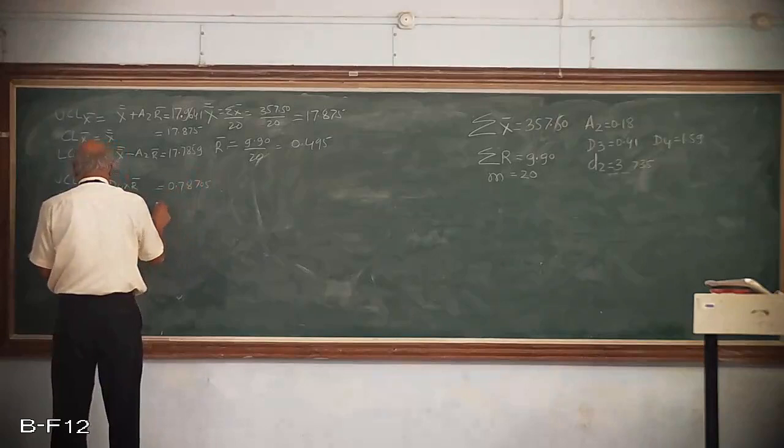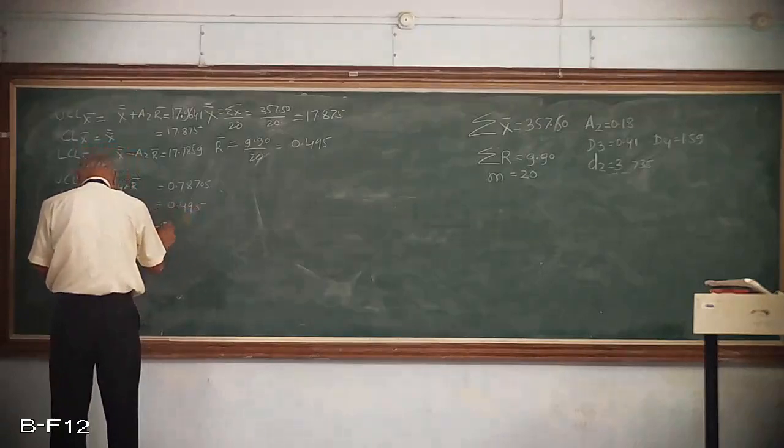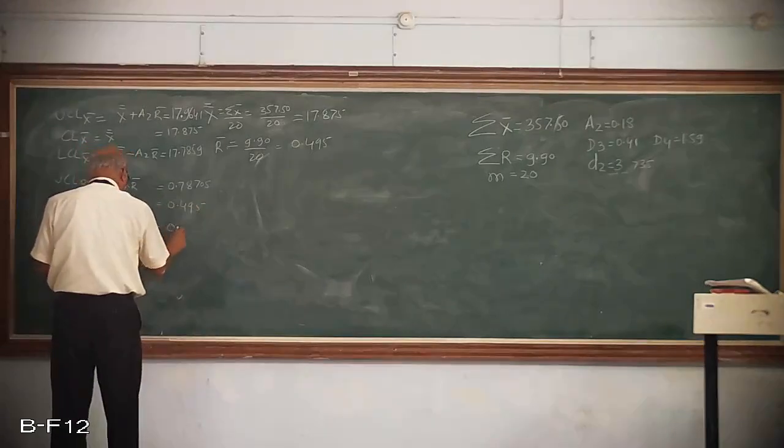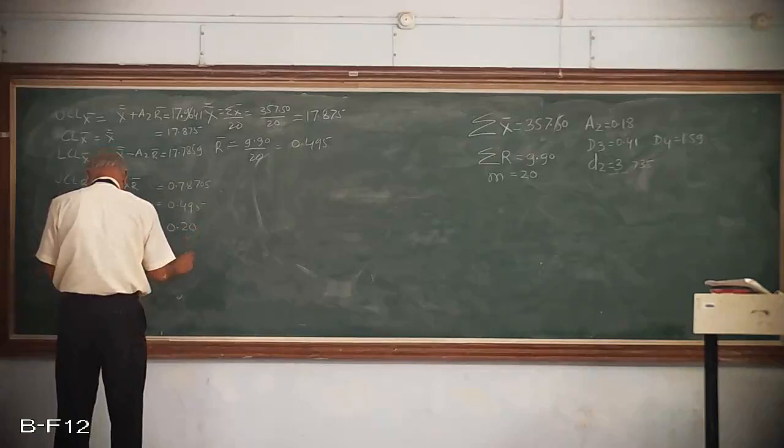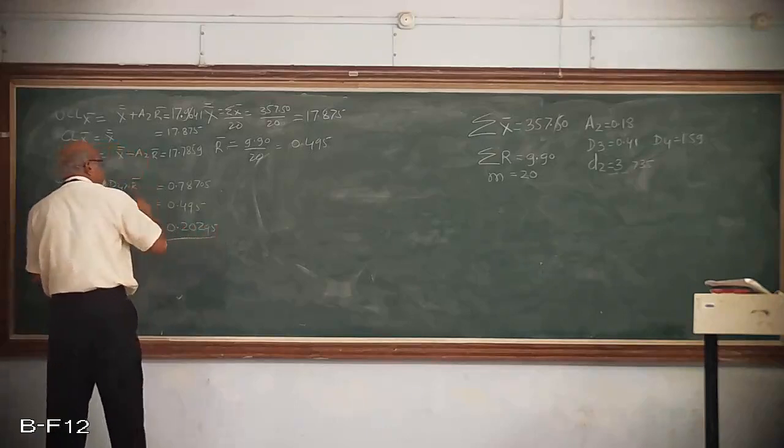And CLR, the central line of R chart, is equal to R bar, that is 0.495. The lower control limit of R chart is 0.20295. These are the things we can get.